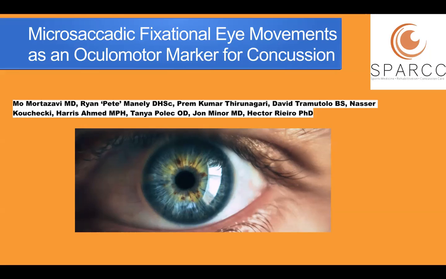We had healthy control data that we did baselines on: 116 college athletes from Sterling College, and none of them had a history of concussion. If they did, we didn't use their baseline data, and we compared those to our concussion data over at the Spark Concussion Clinic in Tucson, Arizona.